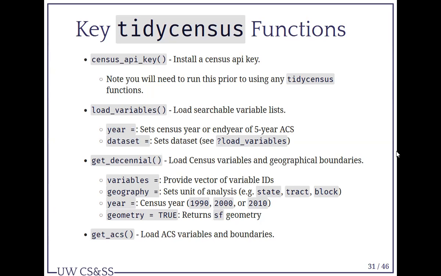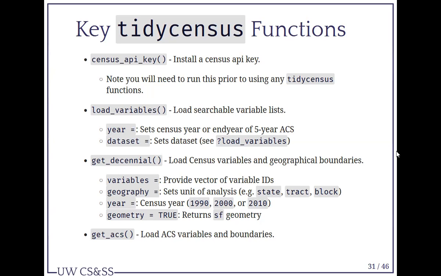You can also use get_decennial, spelled correctly here, that loads census variables and geographical boundaries. You can pass to it variables, so you can give it a vector of variable IDs, as well as the geography that you want the information at. So things like state, tract, block level, as well as the year.